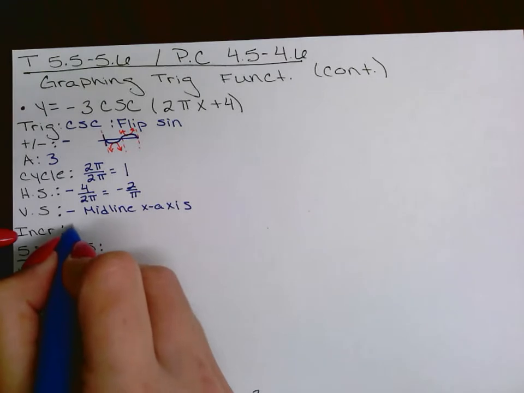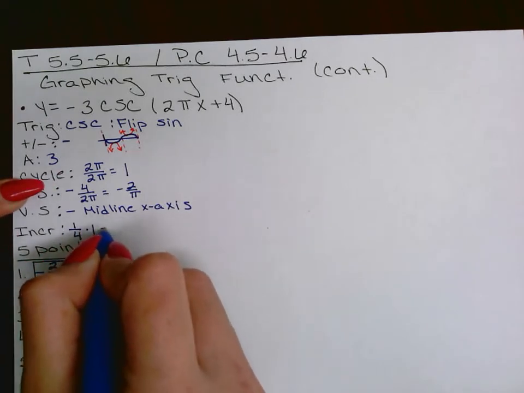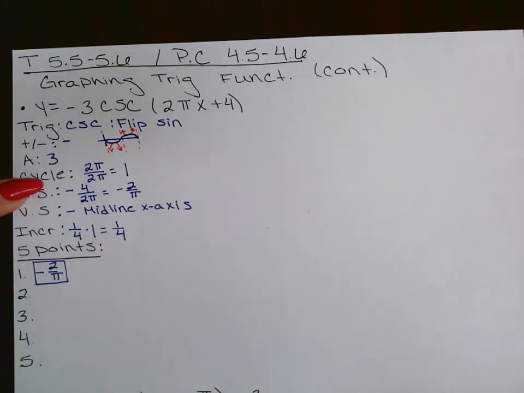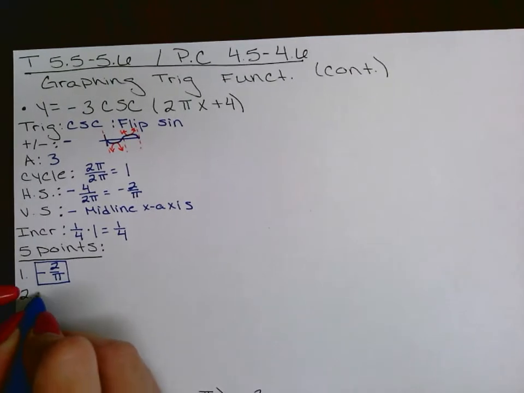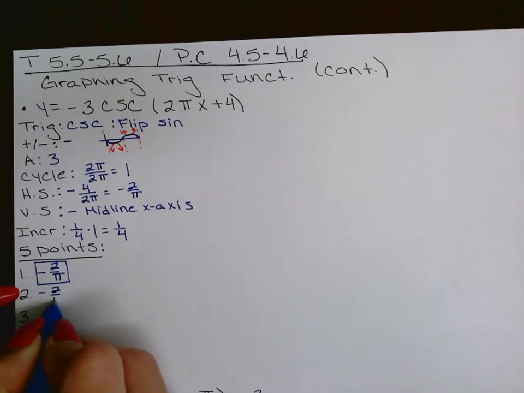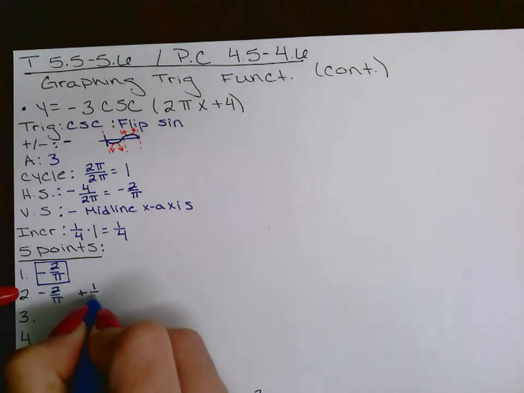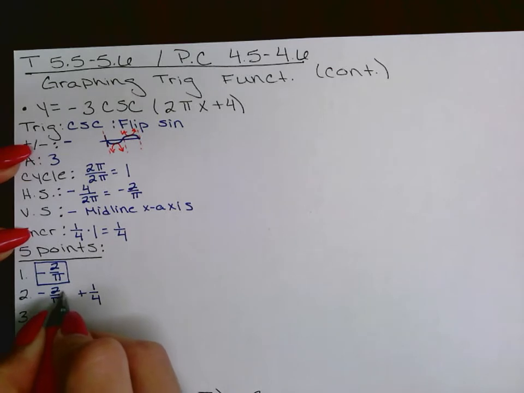Increment is 1/4 times your cycle, so it just leaves me at 1/4. Now, I'm going to grab my previous point, negative 2 over pi, plus my increment, which is 1/4. Don't let that pi throw you off. I need a common denominator, which means on this left side, I need to multiply by what?